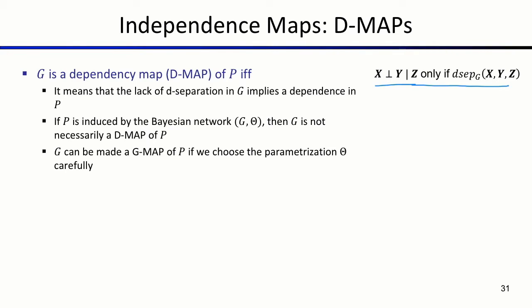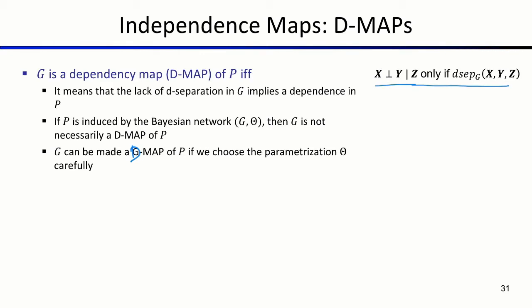So if we take a probability distribution that is induced by a Bayesian network G, then not necessarily G is a DMAP for P, because we know that we may have some independence hidden in the probability distributions. But we also know that we can make G a DMAP for P if we choose the parameterization carefully. There is a typo here.